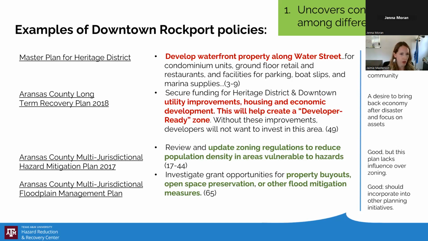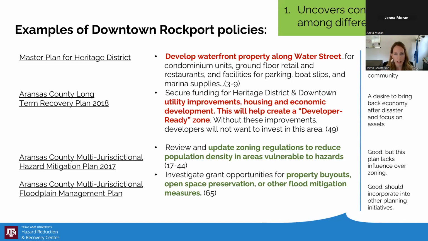The second policy I want to show you is from their county long-term recovery plan. So just a year after the hurricane, they developed this wonderful plan. In their plan, of course, it was all about bringing people back to the peninsula, coming back to this beautiful seaside community that's full of art and culture and fishing.